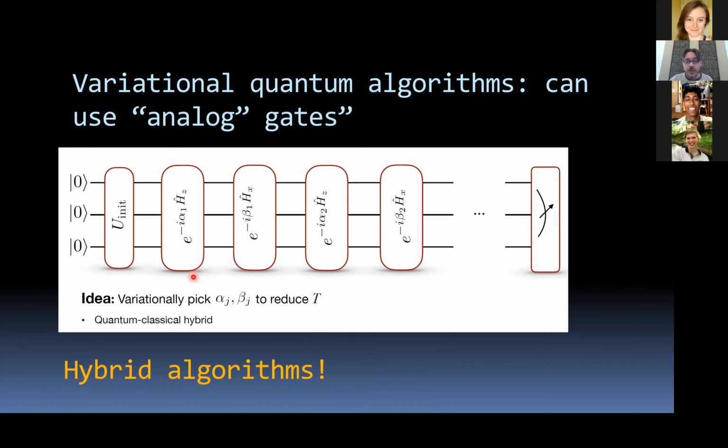I'm calling these hybrid algorithms, hybridizing the analog evolution of these Hubbard or other types of models with the digital programmability of being able to apply a prescribed set of gates and optimize that set of gates.